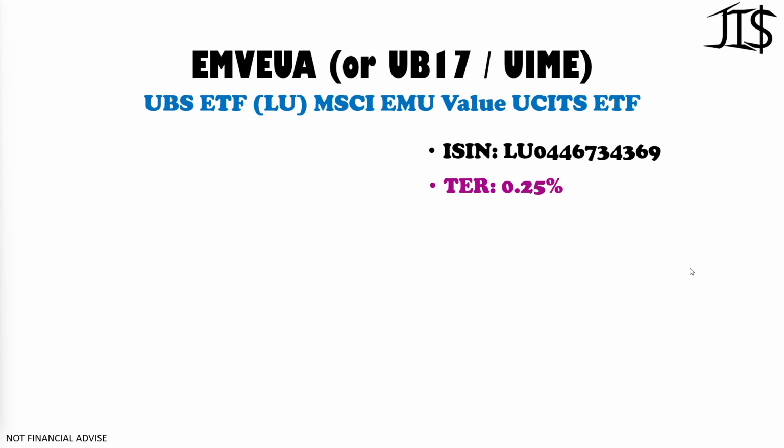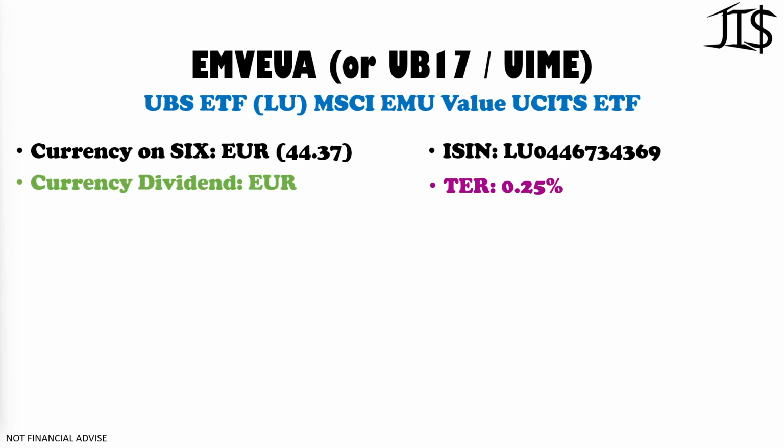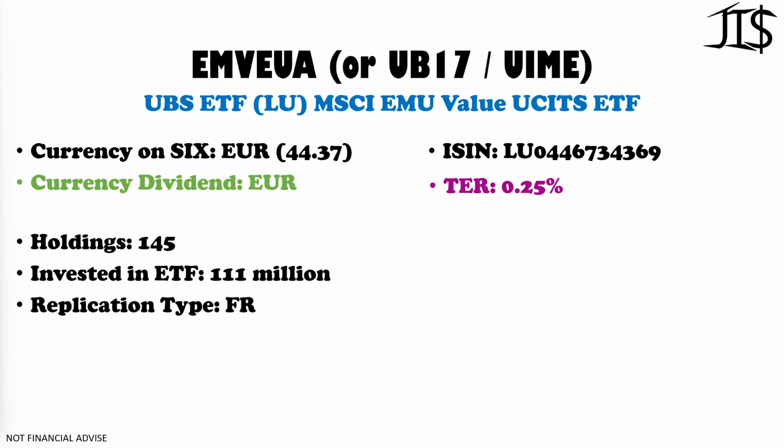And then we have the Value Factor ETF of the UBS bank, and there it's EMVEUA, total expense ratio of 0.25%. The ETF is available for 44.37 euros on the SIX stock exchange. There are 145 companies in this ETF, and 111 million invested into this one.